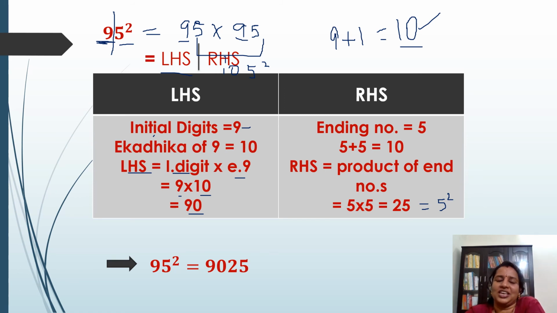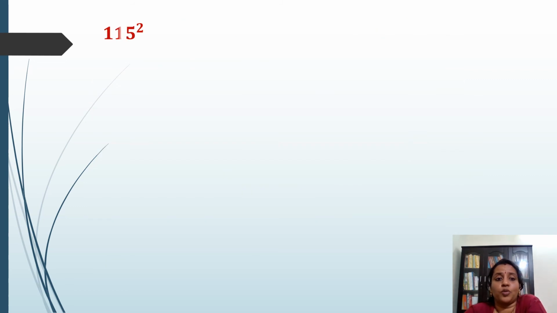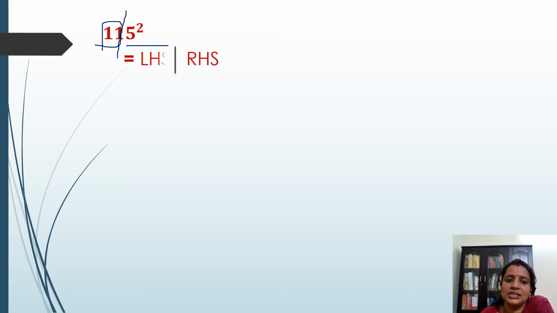Come on, let's solve another problem with the same method. 115 square. How can we split it here? We can split the answer into two parts and the number also into two parts. The 5 square is different, and the initial number I can consider as 11.